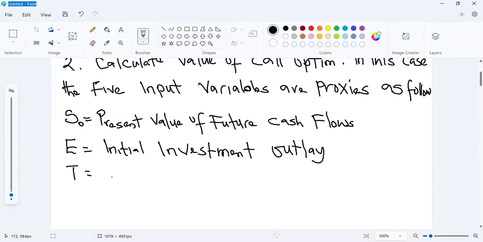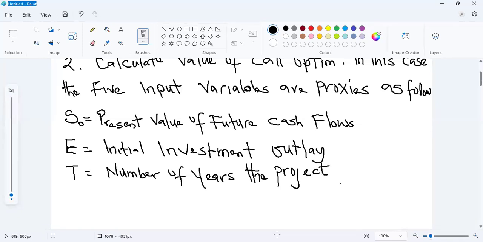T is the number of years the project can be delayed.